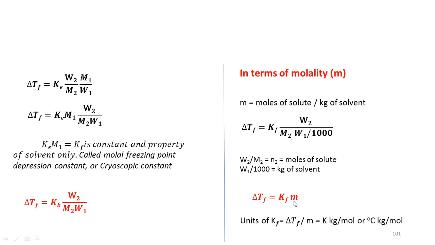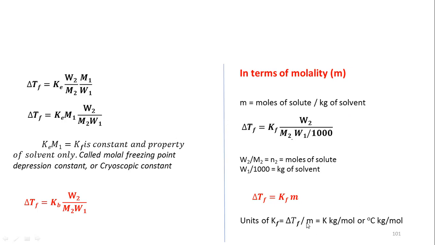And finally, what are the units of this constant, the cryoscopic constant? You can easily calculate this one. Kf will be equal to delta Tf over m, and the unit for this is just the temperature, and temperature has unit Kelvin or centigrade, and the molality is moles per kilogram.